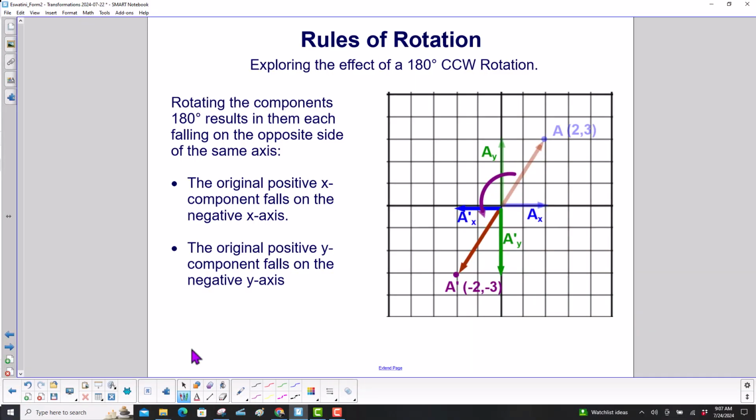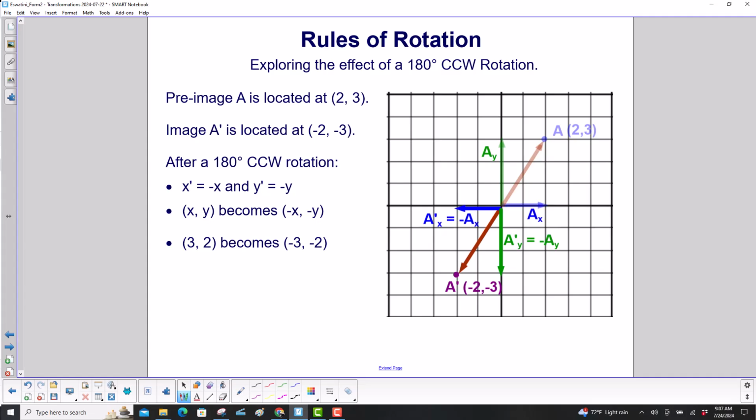Rotating the components 180 degrees results in them each falling on the opposite side of the same axis. The original positive x component falls on the negative x-axis. The original positive y component falls on the negative y-axis. Pre-image A is located at (2, 3).